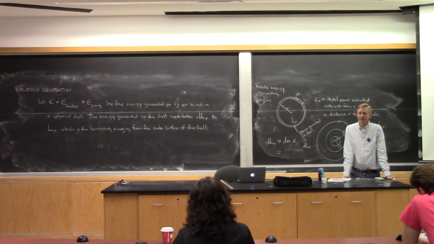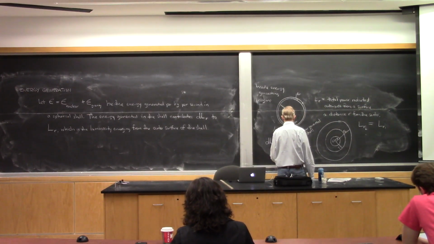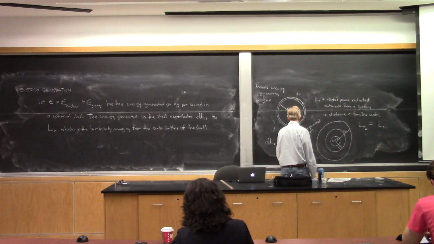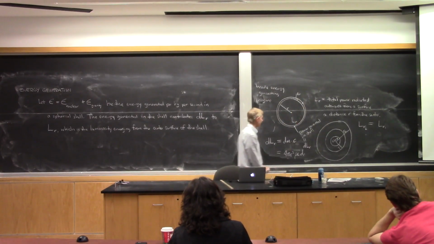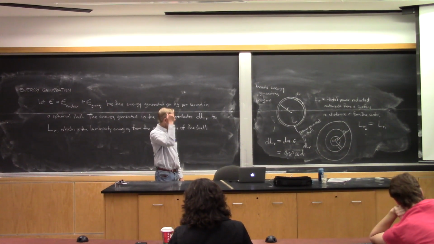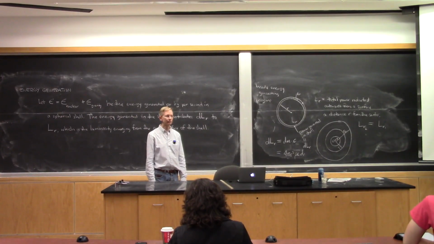Volume of the shell times its density. So this is going to be 4 pi r squared rho epsilon times dr, because 4 pi r squared rho dr is the mass of the shell.